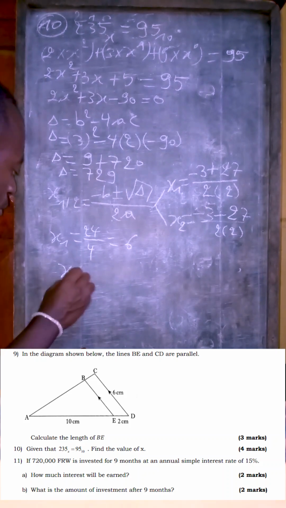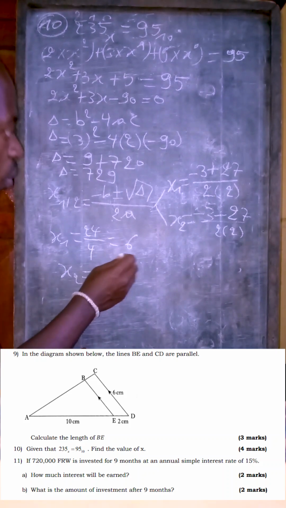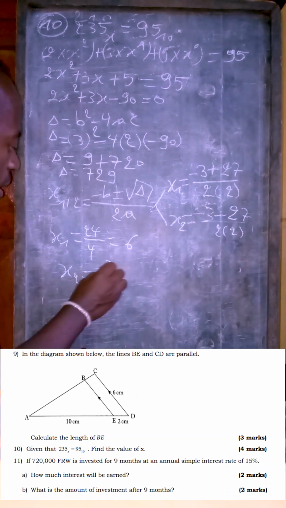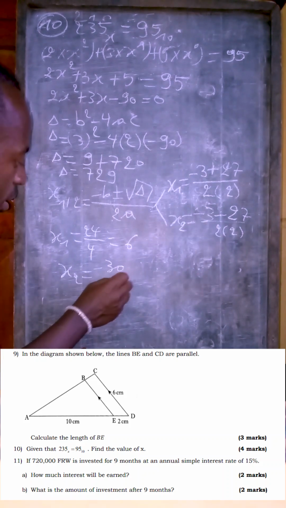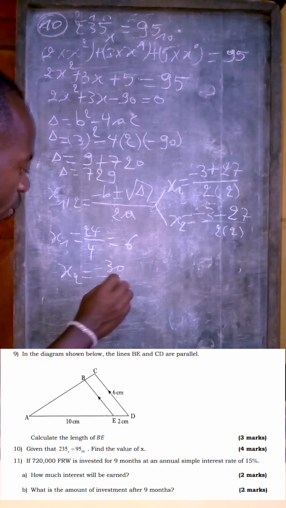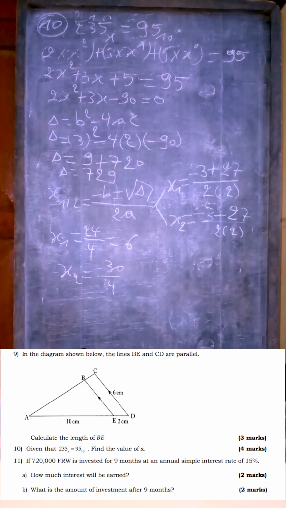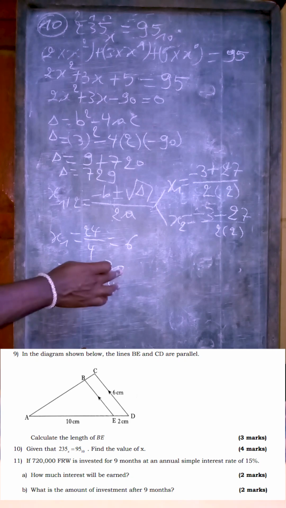And x number 2 will be equal to minus 3 minus 27 is minus 30, minus 30 over 4. And then we have to know that it will be minus, and also it will be the decimal by taking it to 30 over 4.